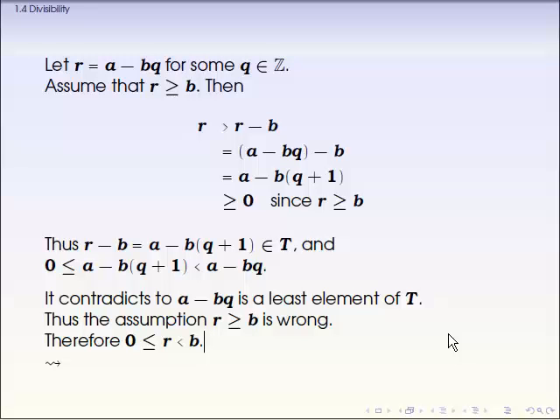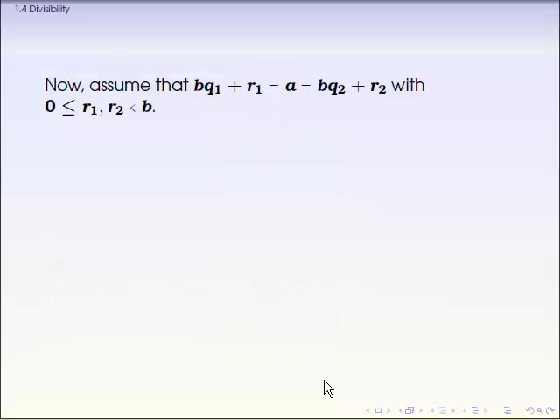So now the remaining part is to show the uniqueness of the values q and r here. So let's assume there is another pair satisfying these results, which means bq1 plus r1 equals a, which can also be written as bq2 plus r2. Of course, r1 and r2 must satisfy the part we already proved.